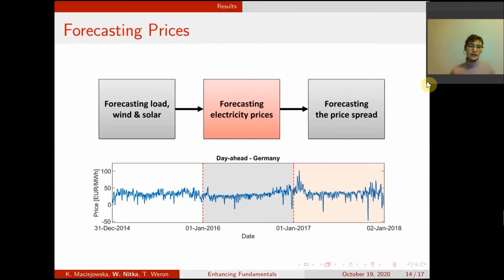So we can use it to proceed to the second and third parts of this research, which is forecasting electricity prices and then using those forecasts to produce the decision based on the price spread. And here we calibrate the price models on the middle period of our data, year 2016, and evaluate the results on the last year.